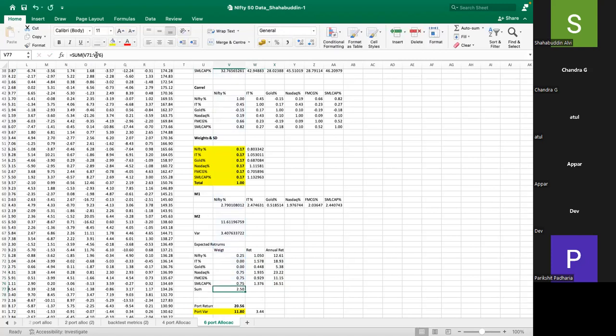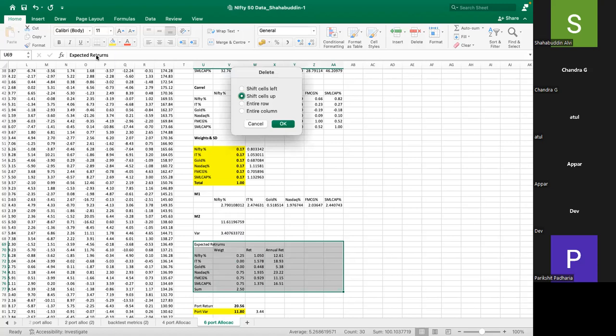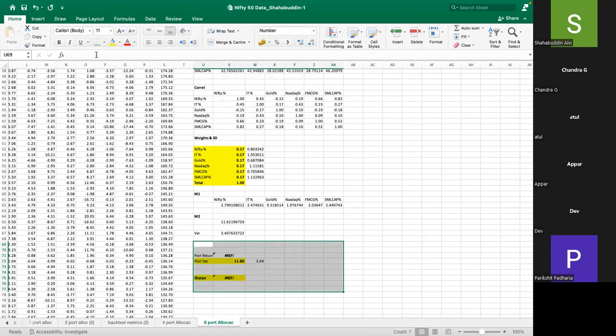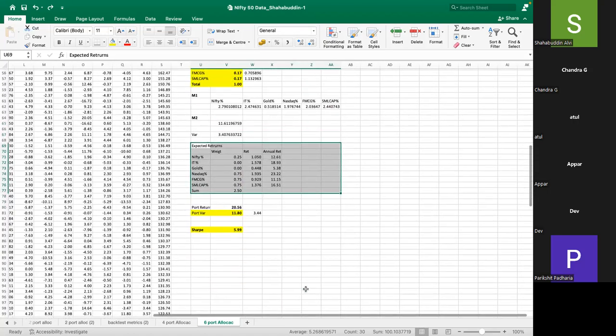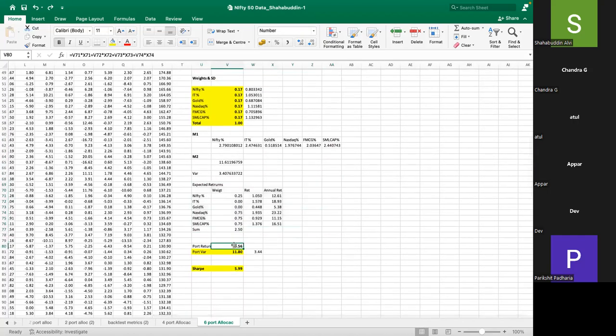Actually, that is dummy. You can remove that, this entire block, because nothing is happening there, right? The portfolio returns are calculated based on this. All right.